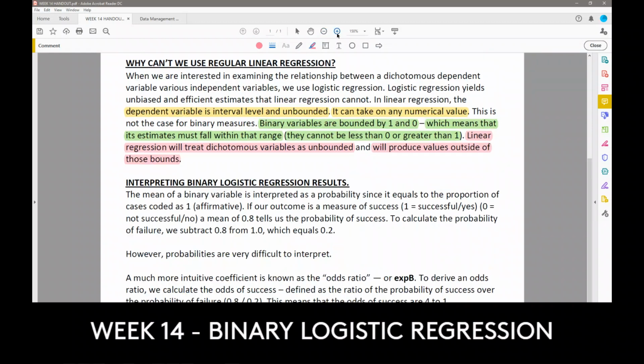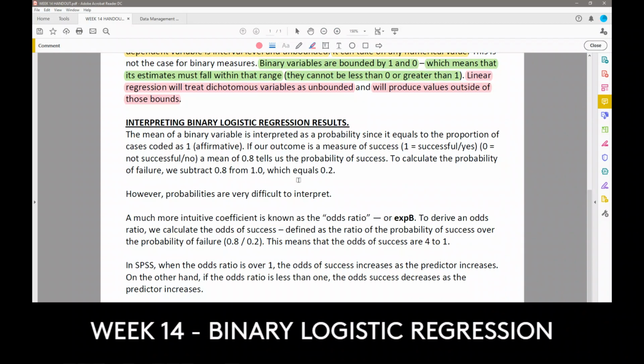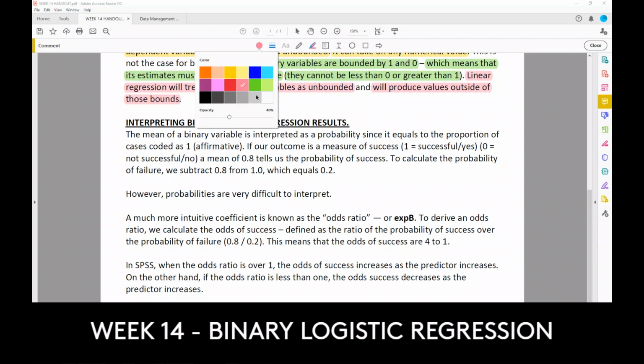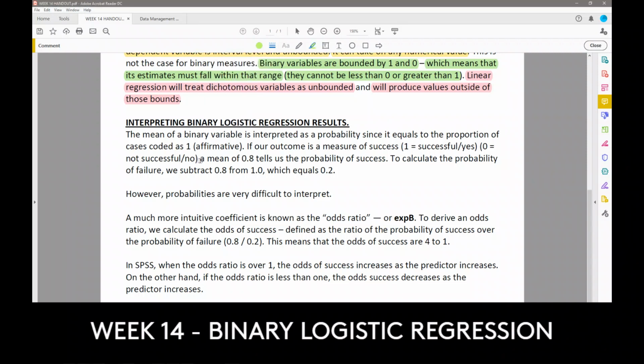Now, binary logistic regression is tricky in that the interpretation of its results is different than the interpretation of results in standard linear regression. This is because the nature of binary variables means that it is interpreted in a specific way.